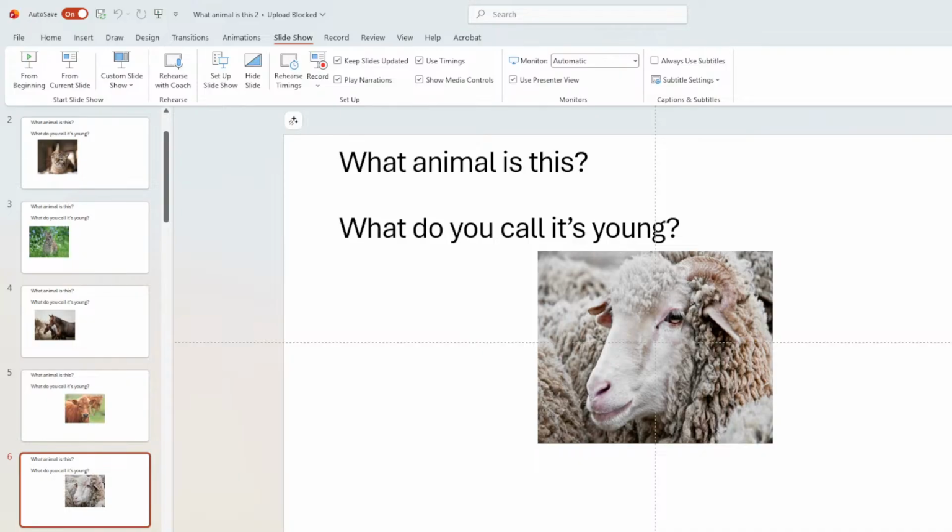And what is its young one called? It's not a very common animal, but it is so common in some parts of the world. But not everyone knows this animal.